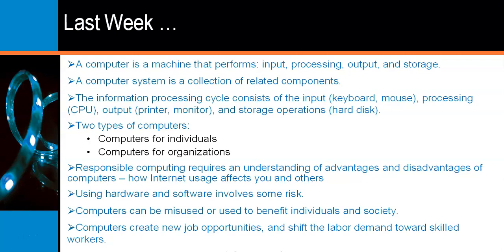We talked a little bit about how you can divide computing devices into two major categories: computers for individuals and computers for organizations, just like you can broadly divide automobiles into two major categories: the cars that most of us think about, and the semis and the other large freight handling automobiles that most of us, unless we're stuck behind them on the highway, tend not to think too much about.